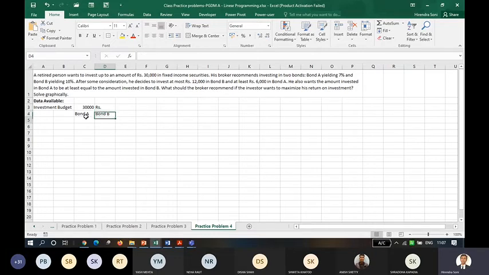Okay, bond A yields in returns. So bond A gives you 7%, whereas bond B gives you 10%.